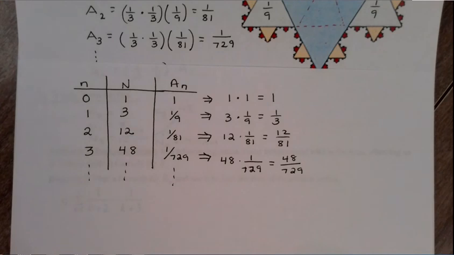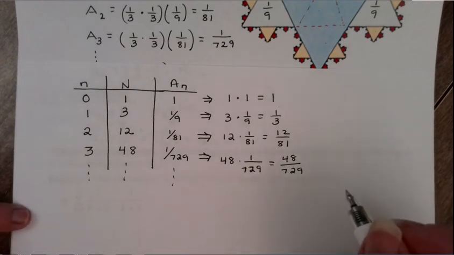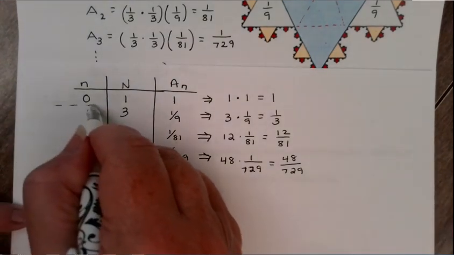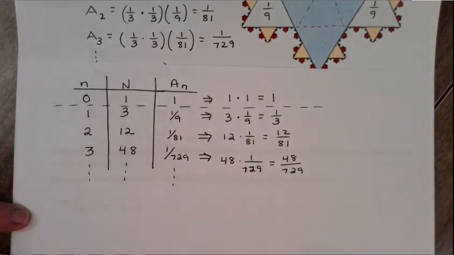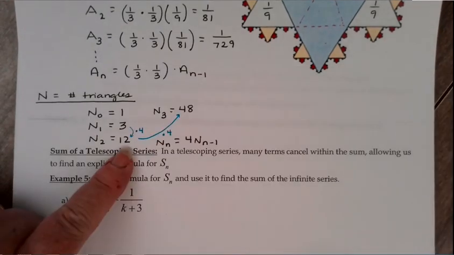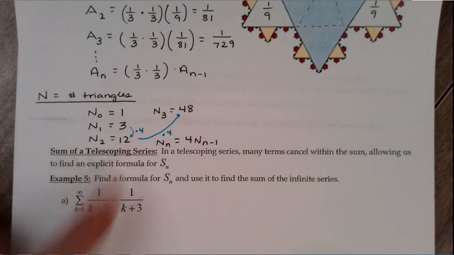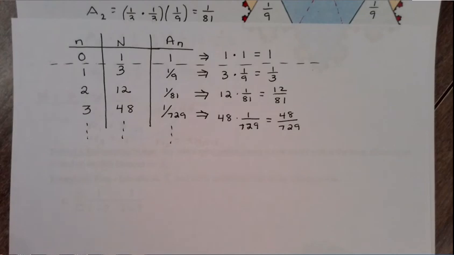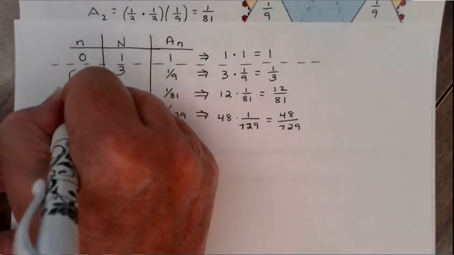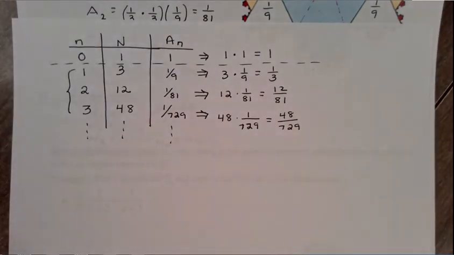First of all, I'd like to see what's going on as far as a constant multiplier. I know this first one is a special case. It was before the pattern was established. We saw that it didn't really fit the times 4 pattern here. So I'm not going to worry too much about that first one. I'm just going to treat that separately. But for these, we saw a definite pattern.